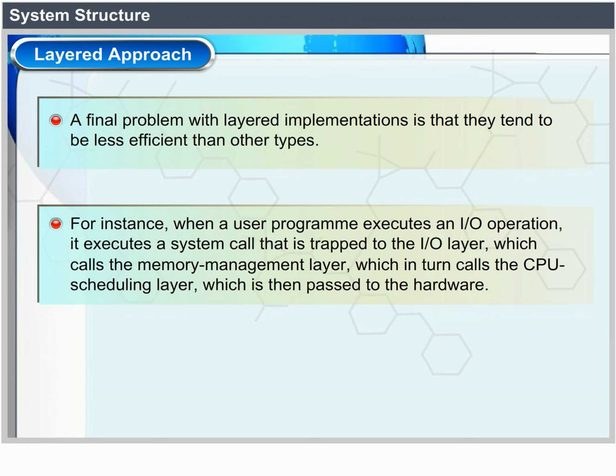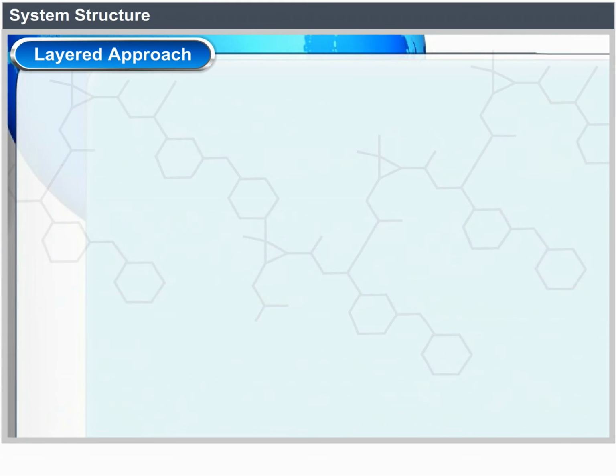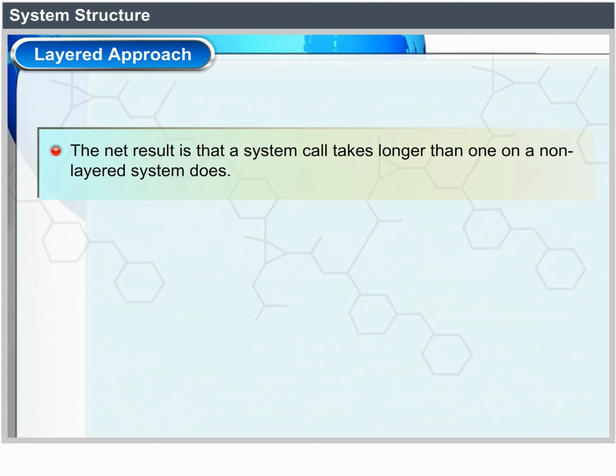At each layer, the parameters may be modified, data may need to be passed, and so on. Each layer adds overhead to the system call. The net result is a system call that takes longer than one on a non-layered system.